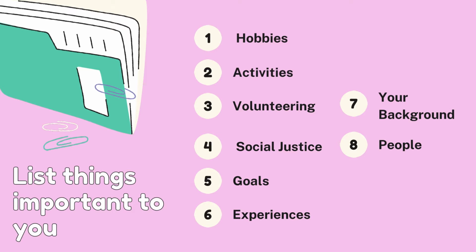Honestly, the whole brainstorming process can be very time consuming, because chances are for your background or goals or activities, the surface level things will come up really quick, but you really want to dive deep into this list and try to think of things that get deeper.